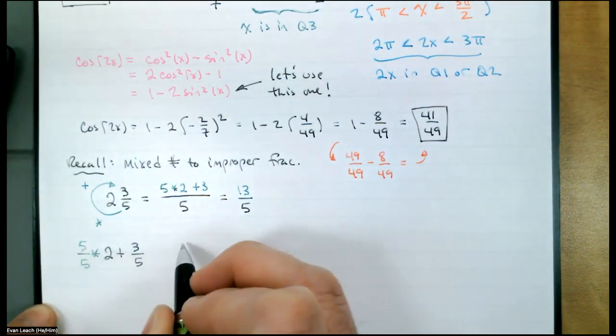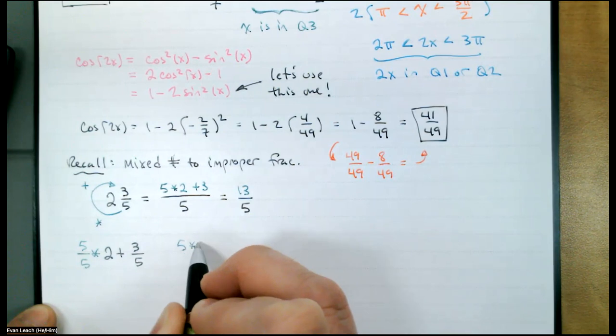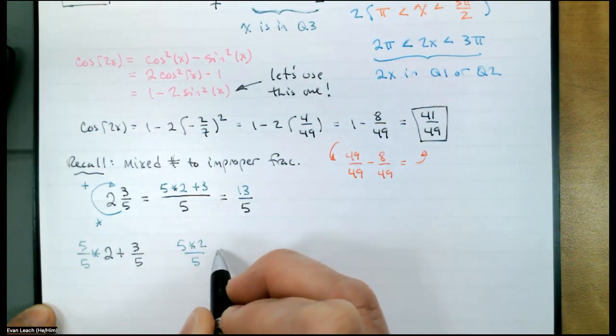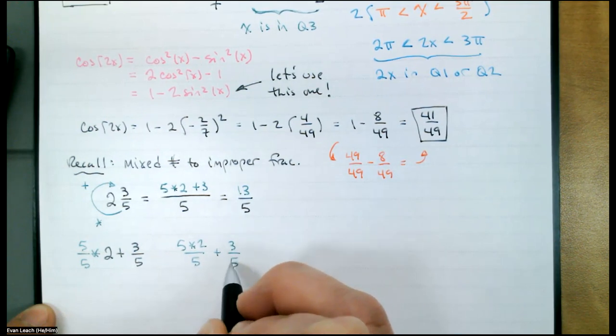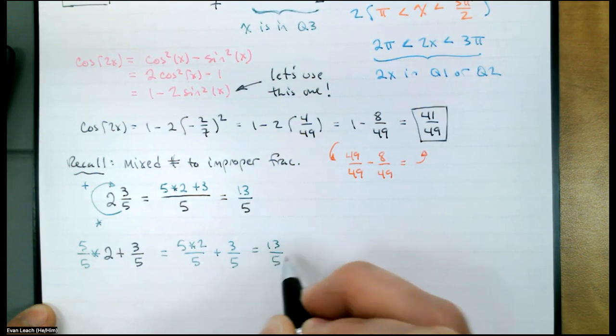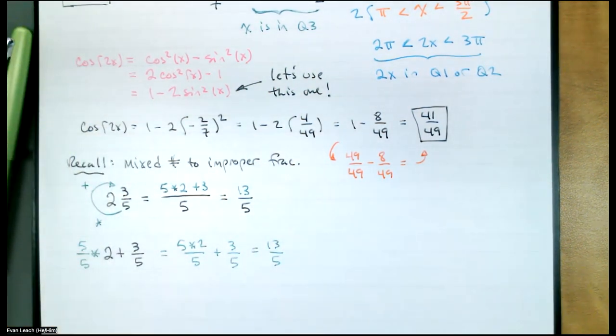So this becomes 2 times 5 over 5 plus 3 over 5. Where you multiply the denominator by the whole number and then add the numerator, that's just a shortcut to getting the common denominator. It's no different. You're still getting a common denominator.